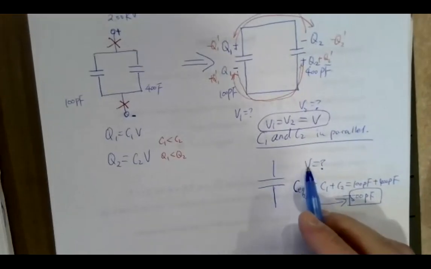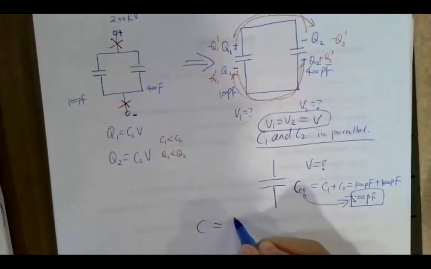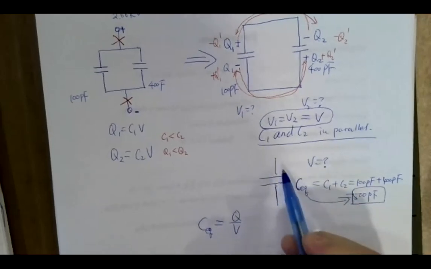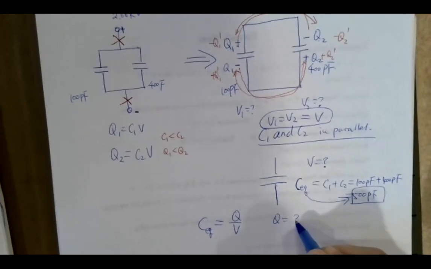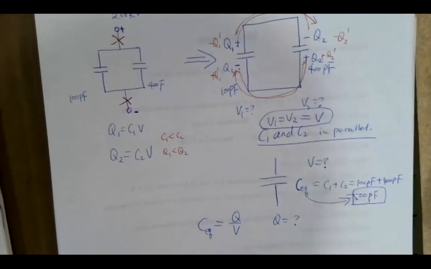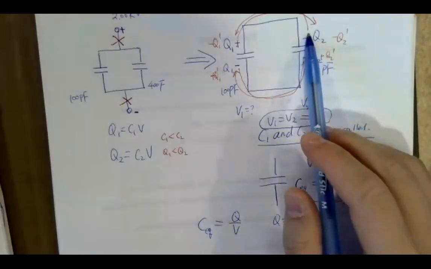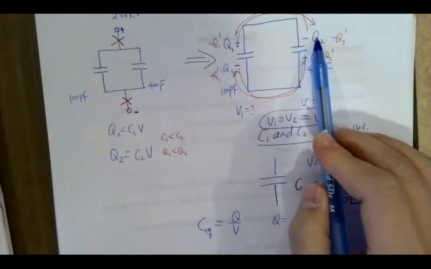Now, in order to figure out the voltage, according to C equals Q over V, and in this case we are talking about CEQ because that's the combination of the two, you need to figure out what's Q, the Q total after the charge redistribution. The Q total here, you can see on the top, the total will be positive Q1 minus Q2.